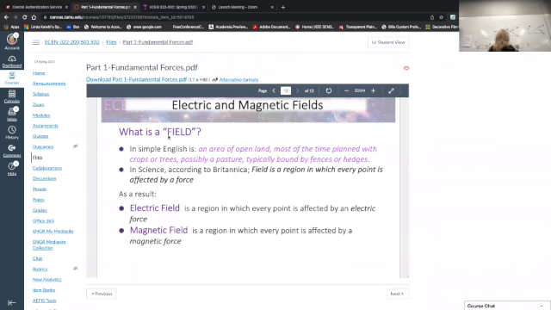Let's assume this is plus 5 microcoulombs and this is minus 5 microcoulombs. So the force between the two is going to be an attractive force. Now, this force is an electrostatic force, and it is Qs times Qo divided by 4 pi epsilon naught d squared.